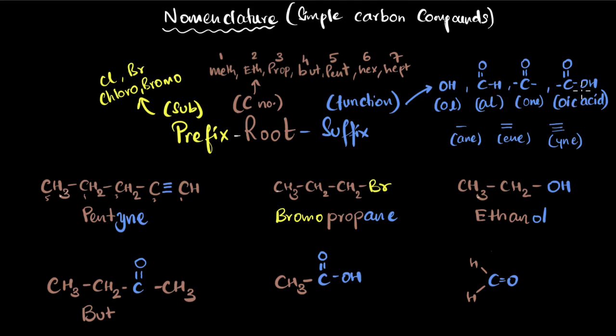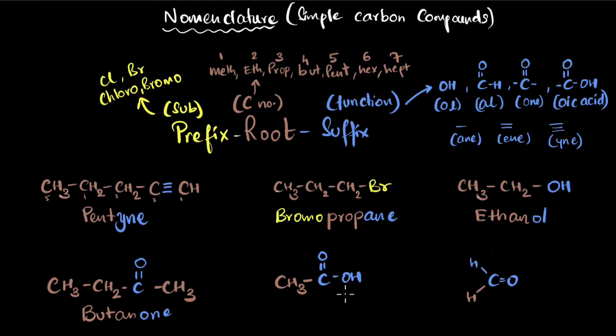It's not oic acid. It has to be connected to OH for oic acid. It's a ketone, so it's "-one". How do you end this? You don't say butone. Just like what we did over here, you first write butane, delete the E, and then write the "-one". So butanone, that's how you write this.